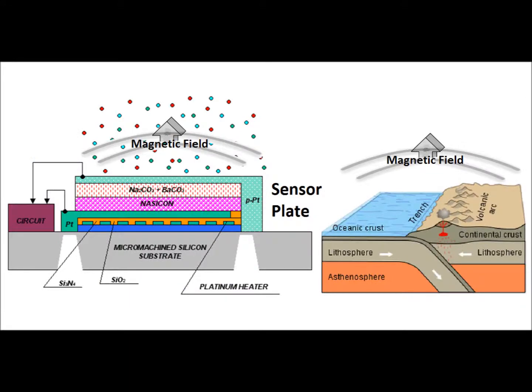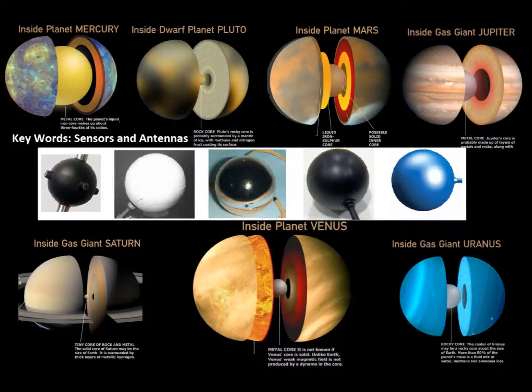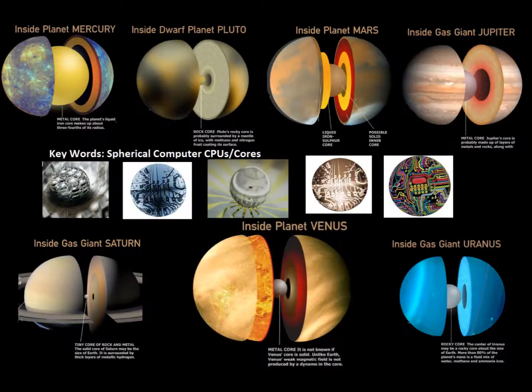I am going to do as little narration as possible and let these pictures do most of the talking. But any way you analyze the planets, the suns, the galaxies, you will see technology.